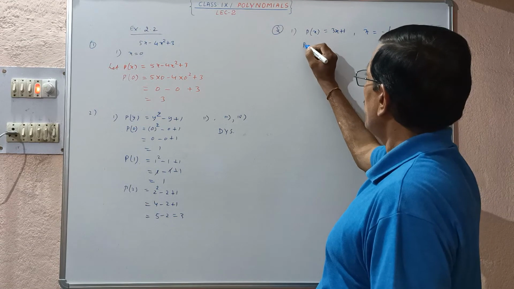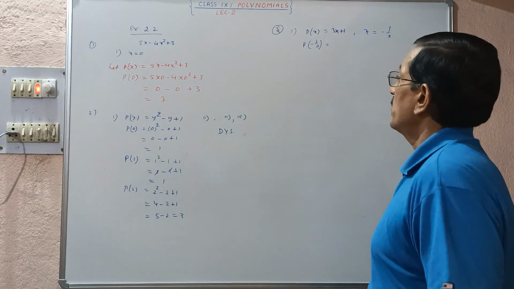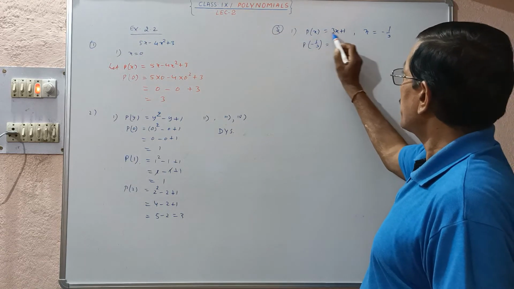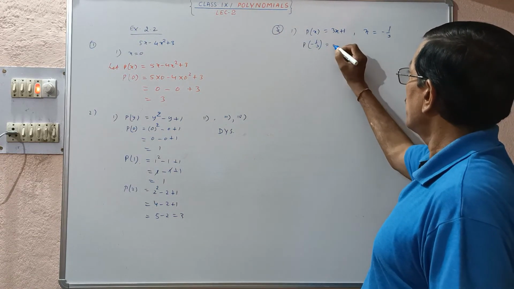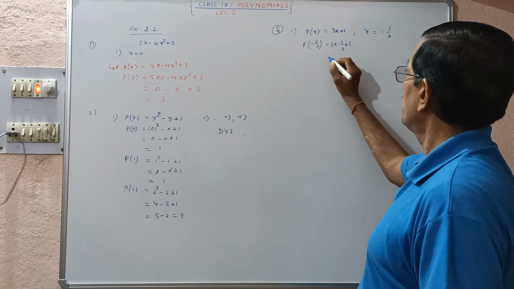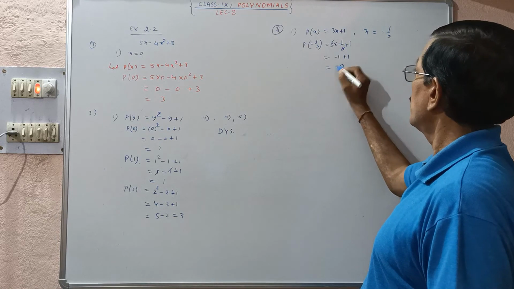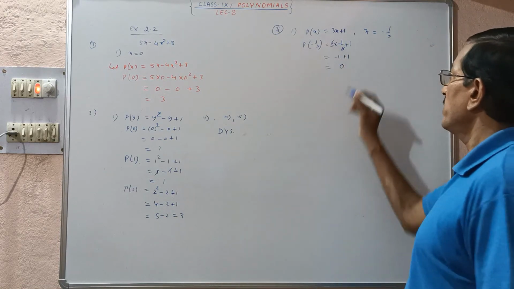So for this we find p(−1/3). Wherever there is x, we put x = −1/3: 3 × (−1/3) + 1. That is, the 3 cancels, −1 + 1 is equal to 0. So here p(−1/3) is 0.